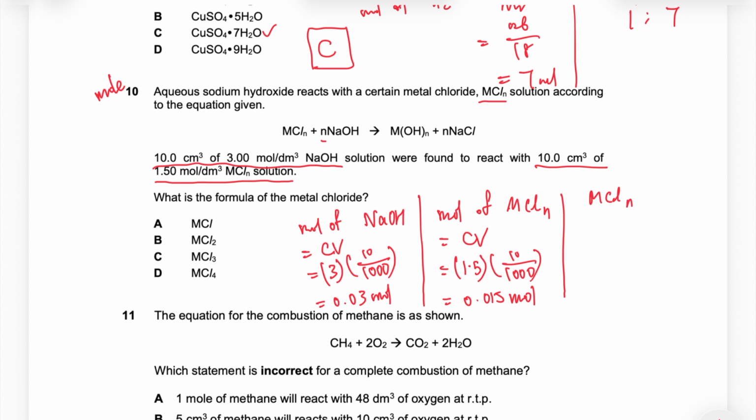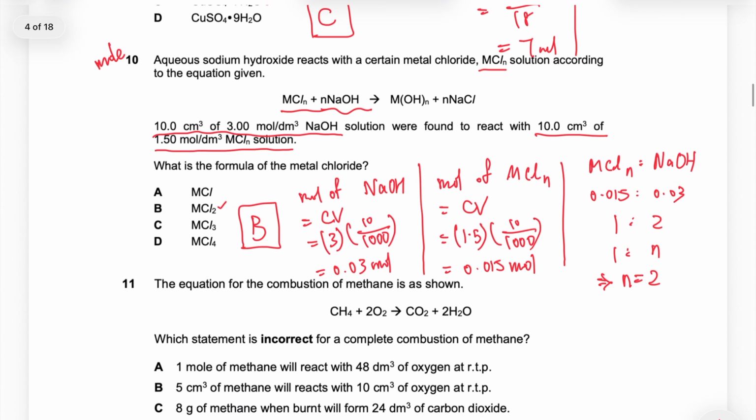MCln to NaOH. MCln is 0.015 to 0.03, which is 1:2 obviously, and from the equation itself you can tell it is 1:n, so therefore n will be 2. So the answer is MCl2. Answer here will be B.